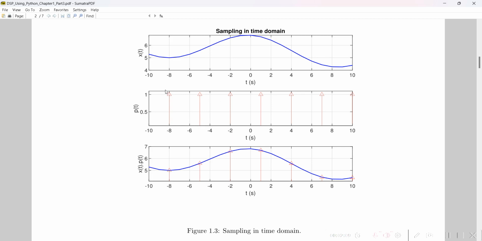Looking back to the shifting property, every sample will appear like this. We pick the value of the amplitude of the input signal, and the rest will be 0, and again another sample, and another sample, up to n. That is sampling in the time domain.